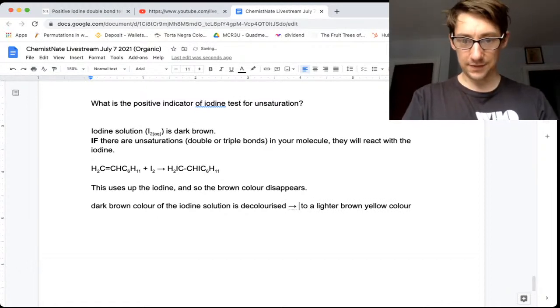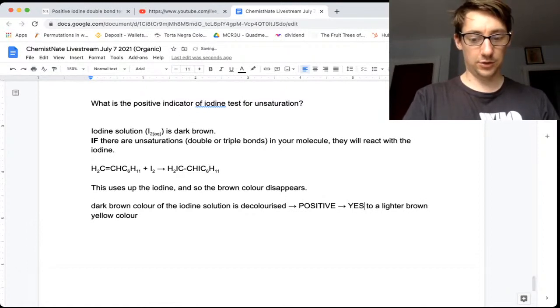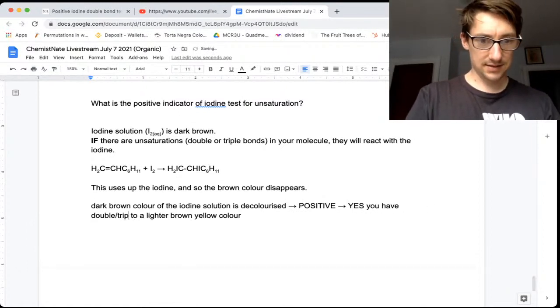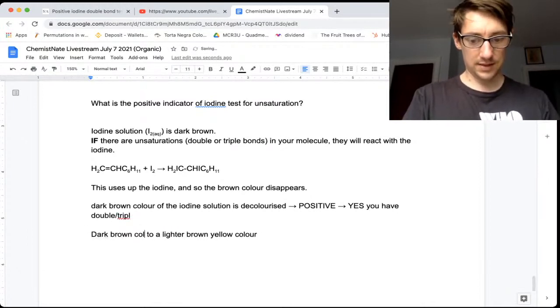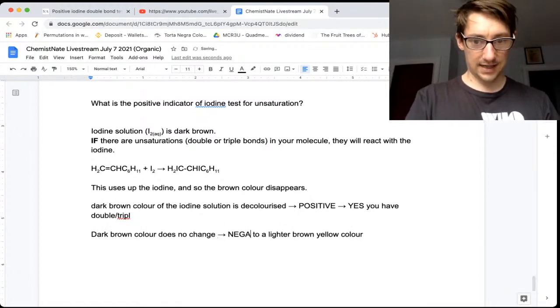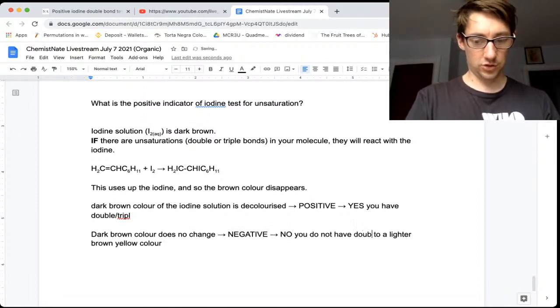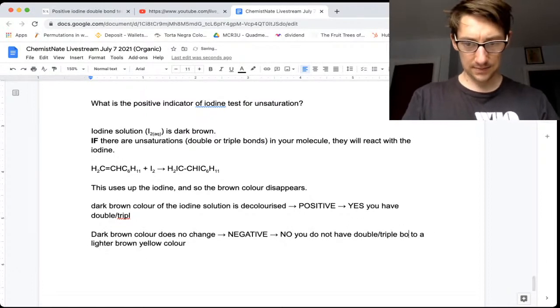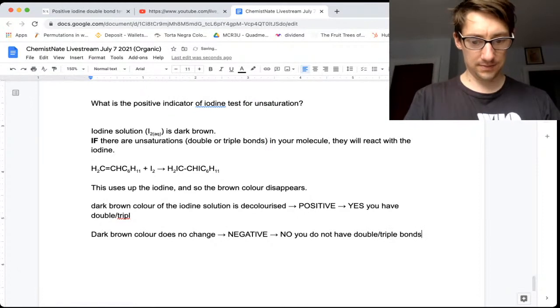That's a positive test, which means yes, you have double or triple bonds. If the dark brown color does not change, it's a negative test: no, you do not have double or triple bonds. There's the answer to your question.